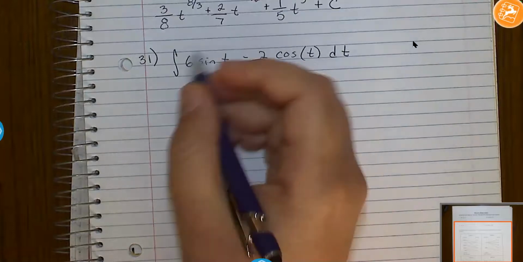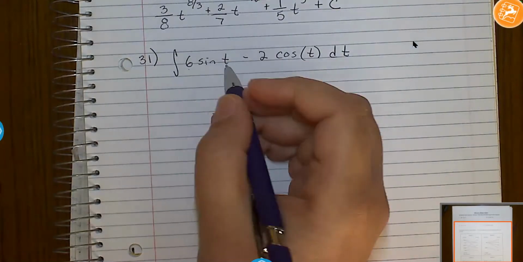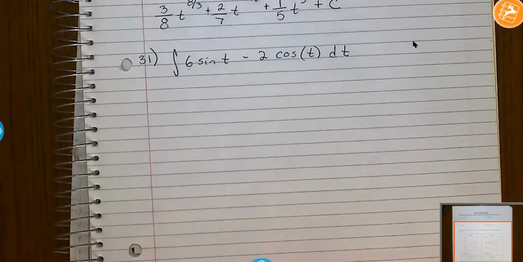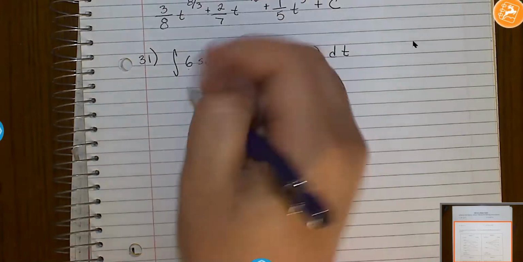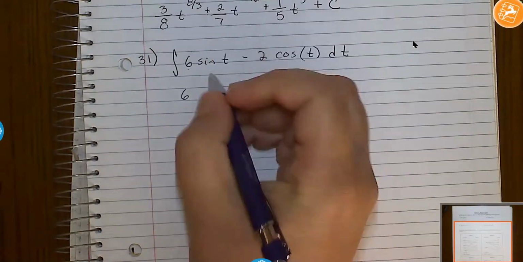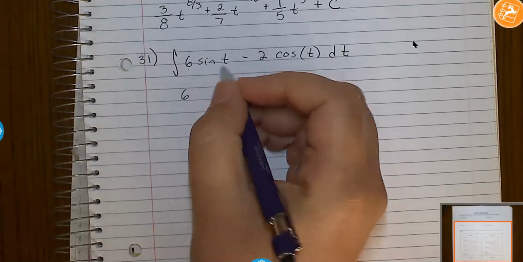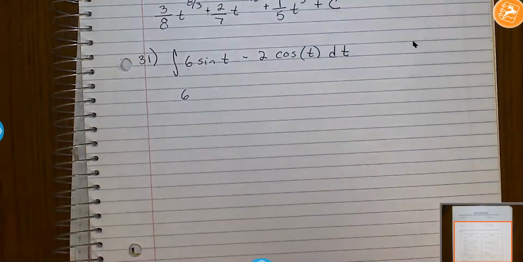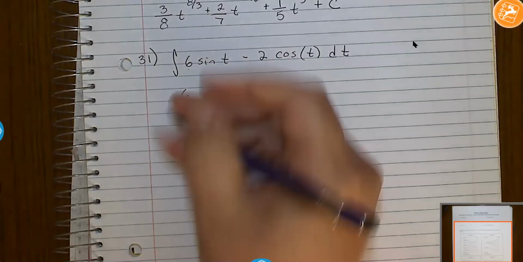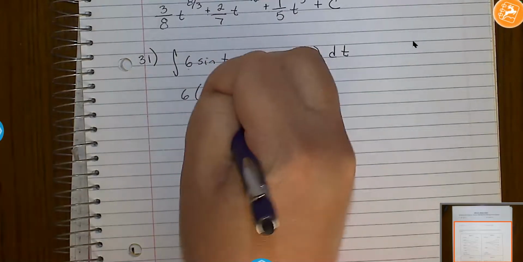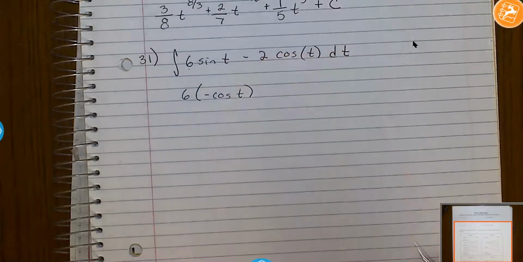So here we are looking at 6 sine of t. Now that 6 kind of just stays out front. So this would be 6 times the integration of sine of t. Now, if you remember your integration rules, the derivative of cosine was negative sine. So the derivative of sine would be negative cosine of t, right?